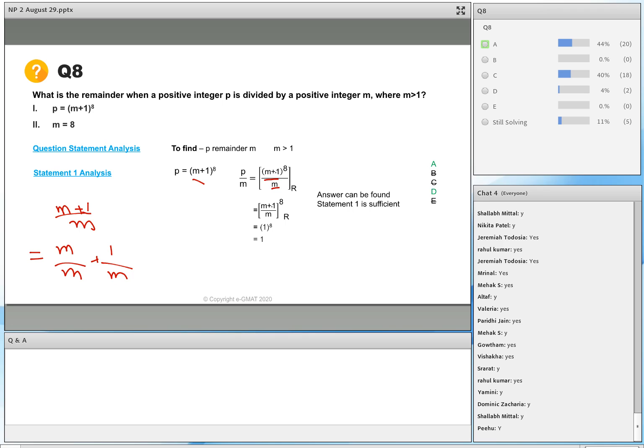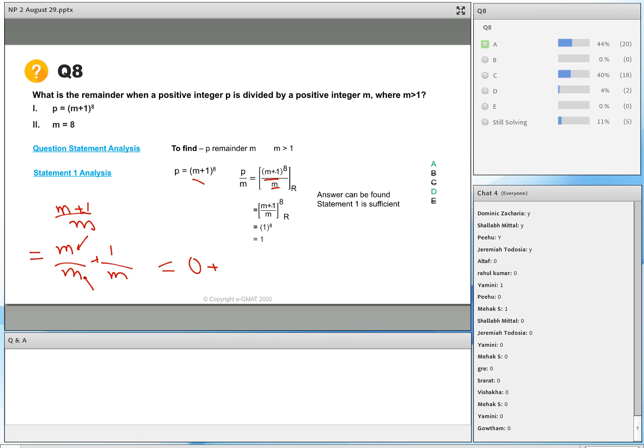What is the remainder when I divide a number m with the same number m? For example, when I divide 2 by 2 or 3 by 3. Mahak, Yamini, what is the remainder when I divide 2 by 2? Do I get a remainder of 1? It's equal to 0, correct? Yes, absolutely perfect. So this would yield me a remainder of 0.